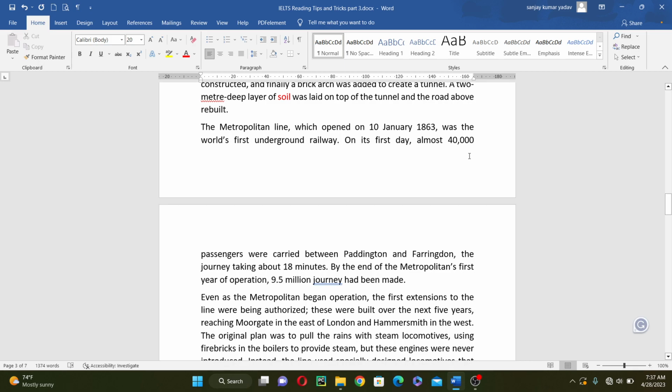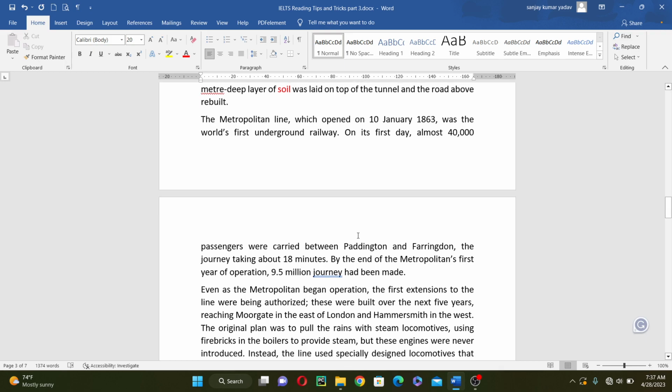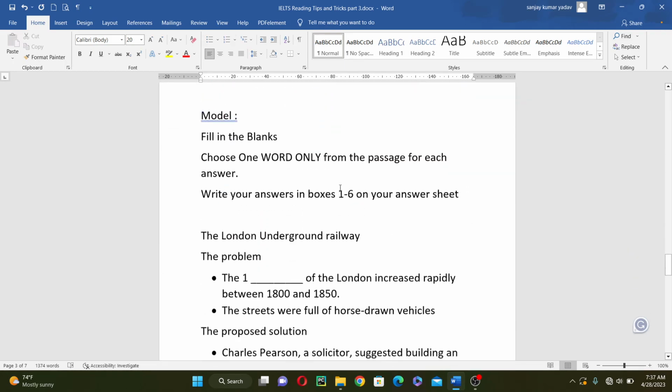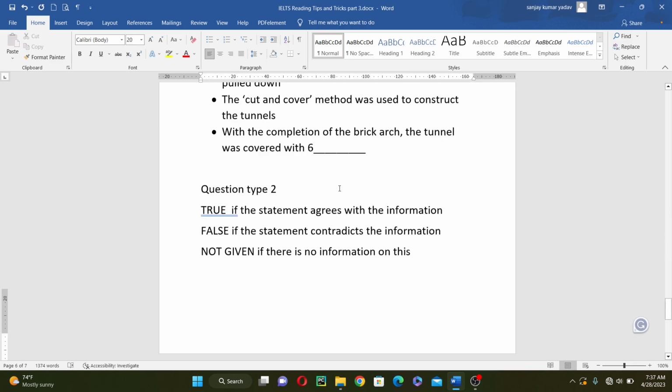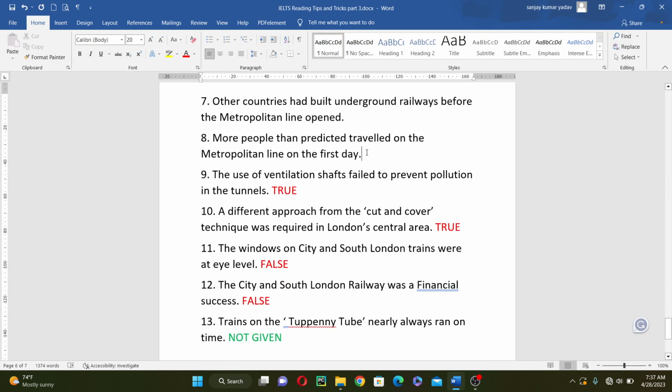On its first day, almost 40,000 passengers were carried between Paddington and Farringdon. The journey took about 18 minutes. By the end of the Metropolitan's first year of operation, 9.5 million journeys had been made. So I don't think it's talking about the predictions and lots of people actually travelling on that day. So the answer should be not given.